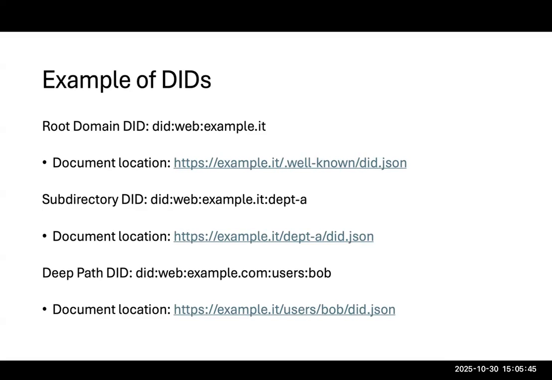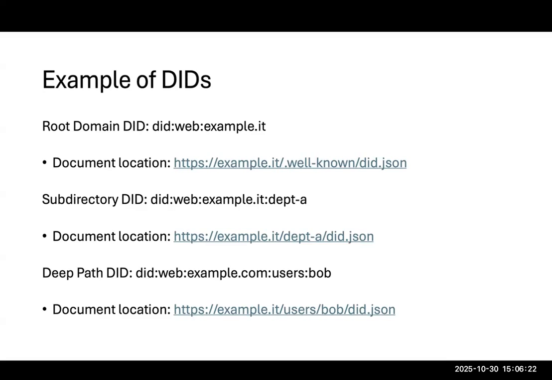In some cases, you can have a subdirectory DID. So did:web:example.it:departmentA, just really as an example. This means that from the root, you go through the folder departmentA and you put your did.json there. There is no need for the .well-known folder.